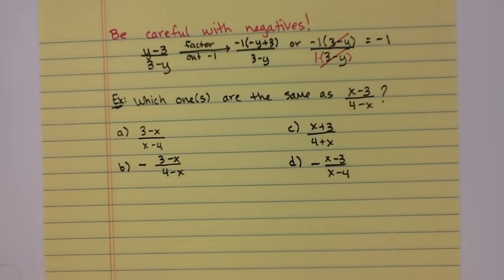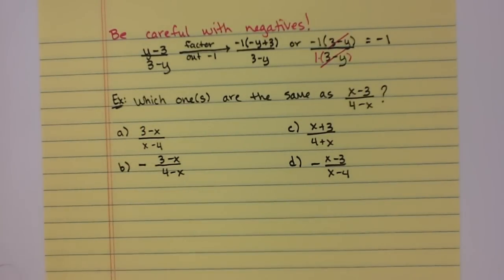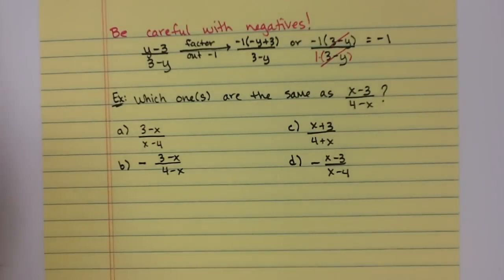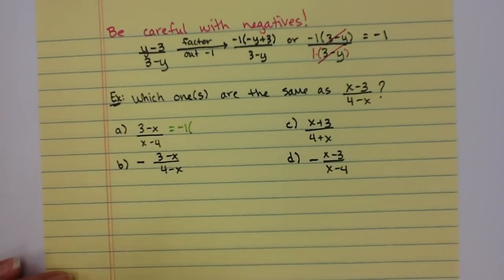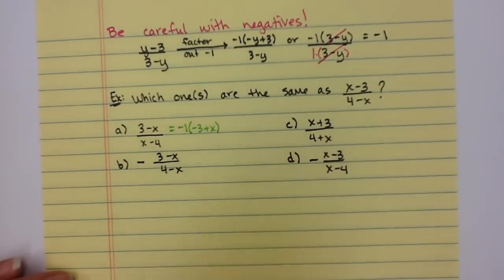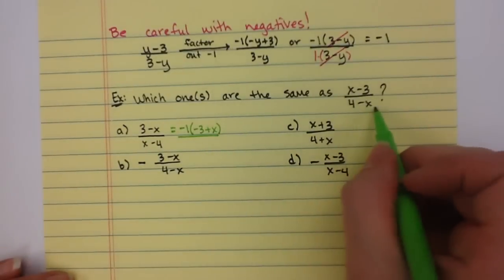Okay, well let's look at letter A. So I want to see if I can make 3 minus x turn into x minus 3. Well, I can do that if I factor out a -1. So that'll be -1 times -3 plus x. And I want to make x minus 4 match 4 minus x.